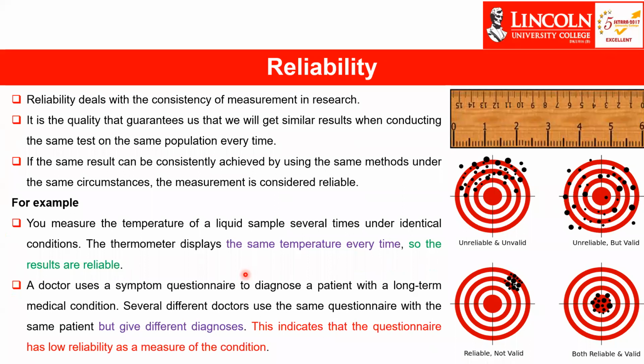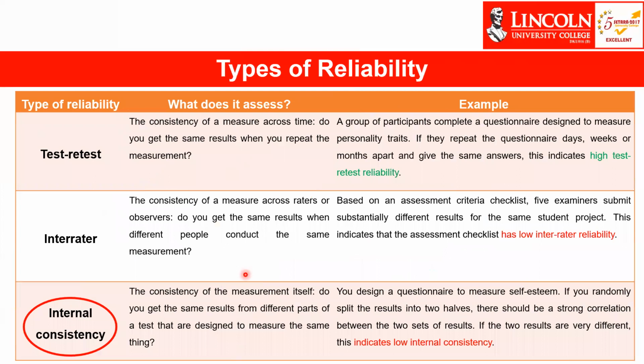Okay, so now we have a few types of reliability. We have test-retest, we have inter-rater, and we have internal consistency. What does test-retest actually assess? It assesses the consistency of a measure across time.